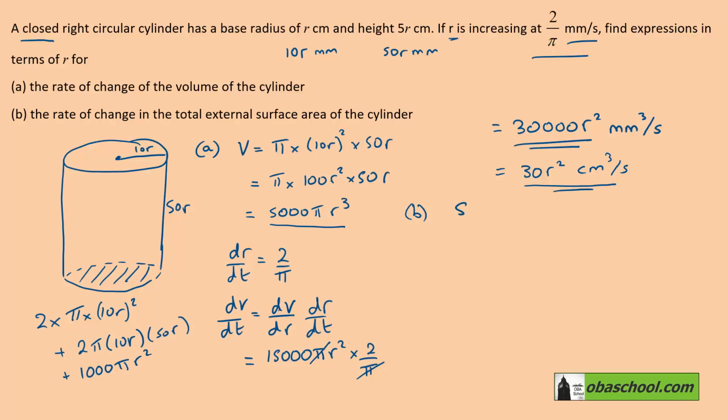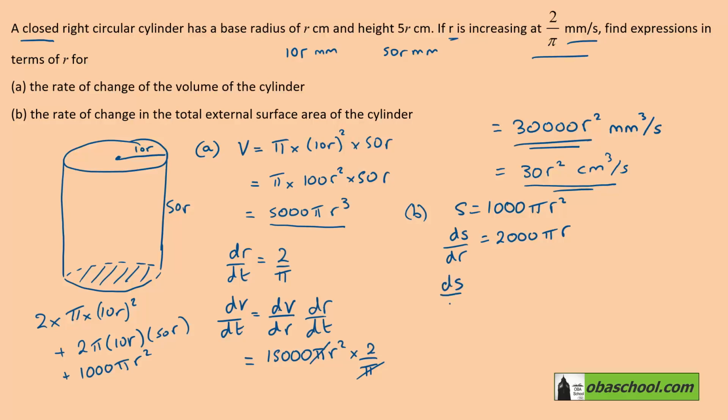So we get the surface area is 1,000 pi r squared, which means dS dr is going to be 2,000 pi r.